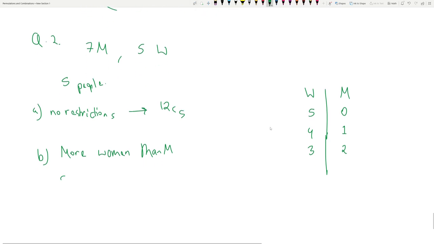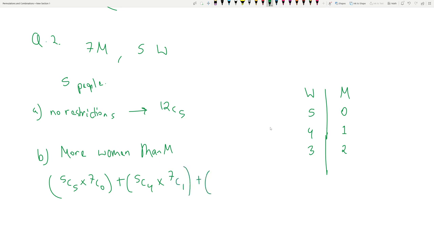So 5C5, I'm picking all 5 women and 0 men, 7C0. Plus 4 women, 5C4 times 1 man out of the 7, 7C1. Plus 5C3, 3 women and 2 men, 7C2. So if you do the math, 5C5 times 7C0, one way, plus 5C4 times 7C1, which is 35.